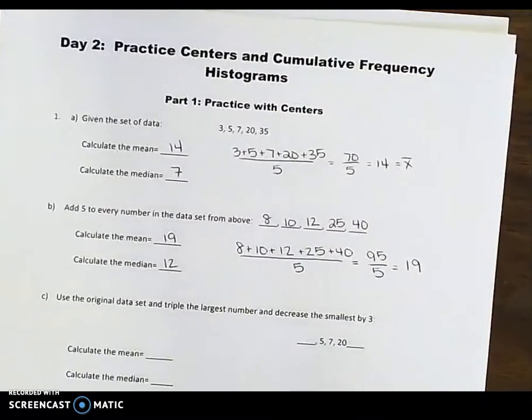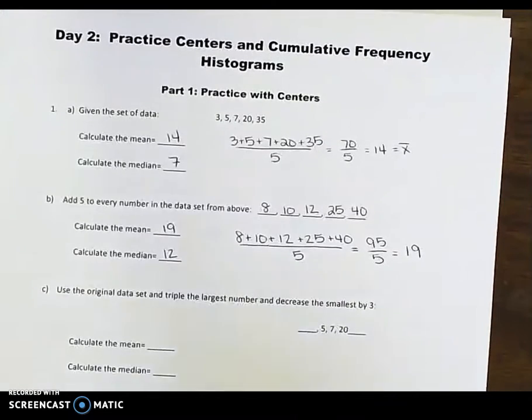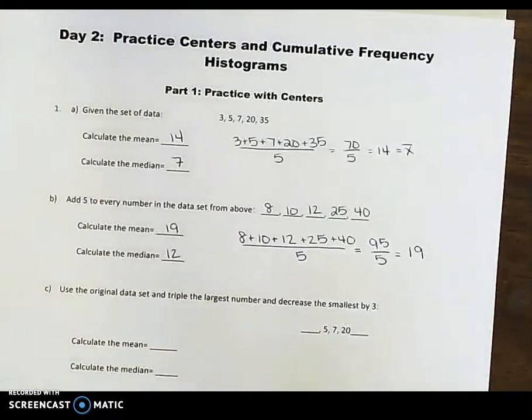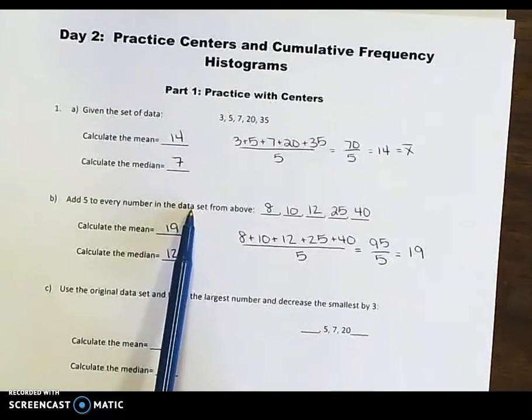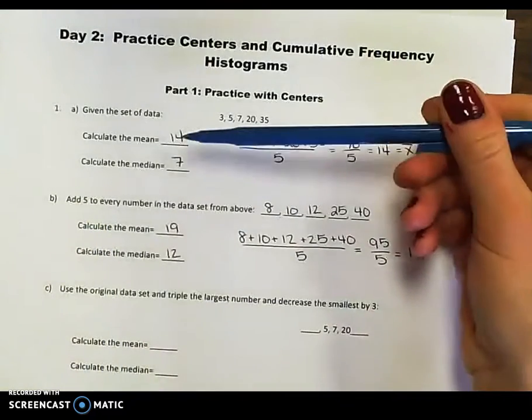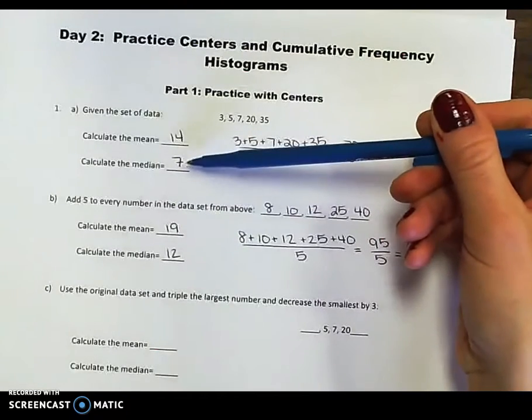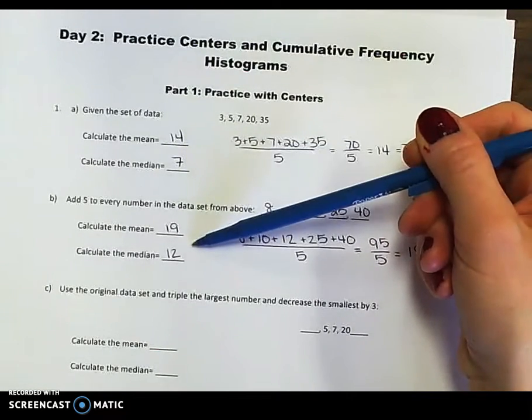All right, let's see if our answers match. So I was able to get the mean as 19 and the median as 12. So let's take a look to see what happened when we increased every single data point by 5. Well, our mean started at 14, and now it's 19. Our median started at 7, and now it is 12.